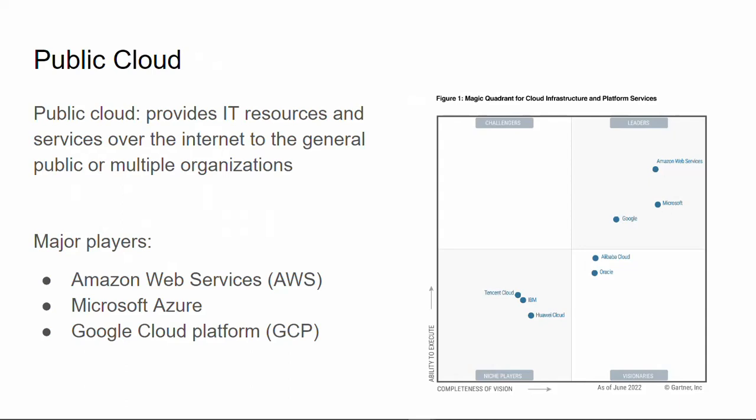There are also other clouds, Oracle and IBM, as you can see here, and this totals up to more than 100% because a lot of companies also use multiple cloud service providers.